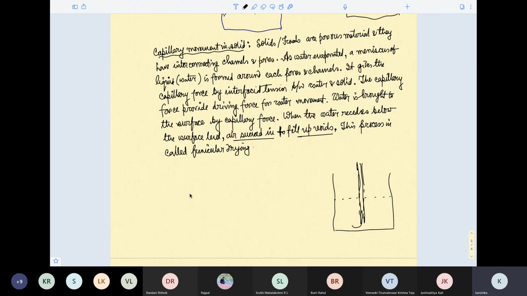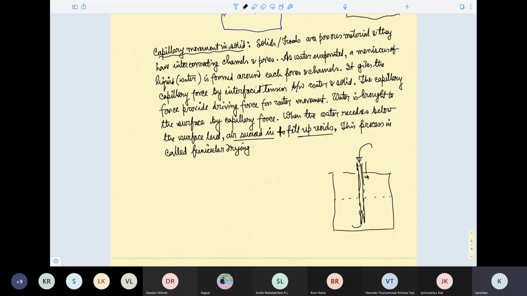Now when the water is also receding, there is not enough water that can be moved due to capillary action. Let's say this is the food surface, and the capillary water is rising, but it also goes down over the period because of evaporation. To fill this void in the capillary, air gets sucked in and water enters to fill the void.